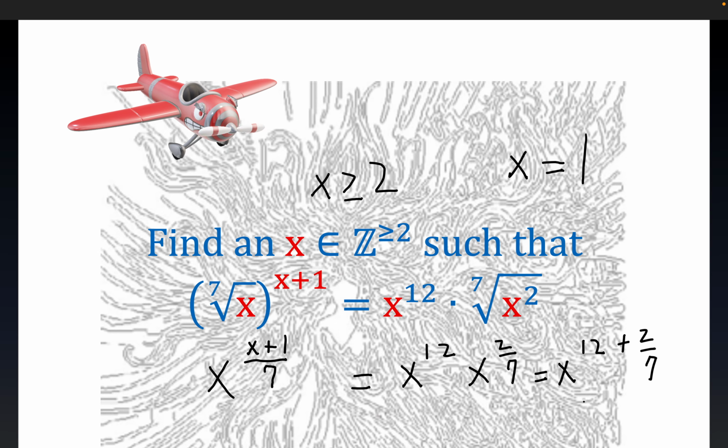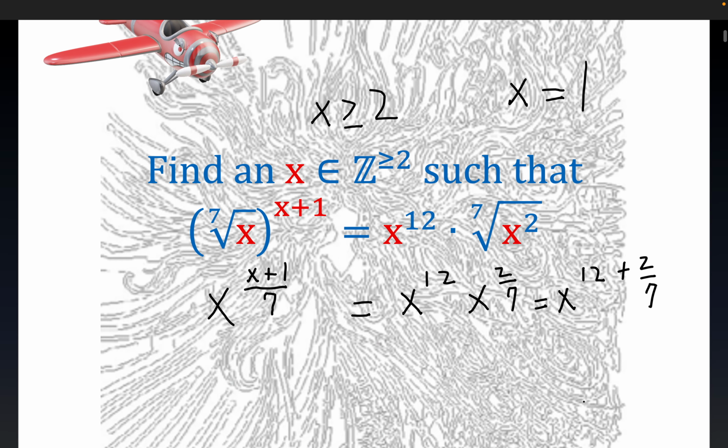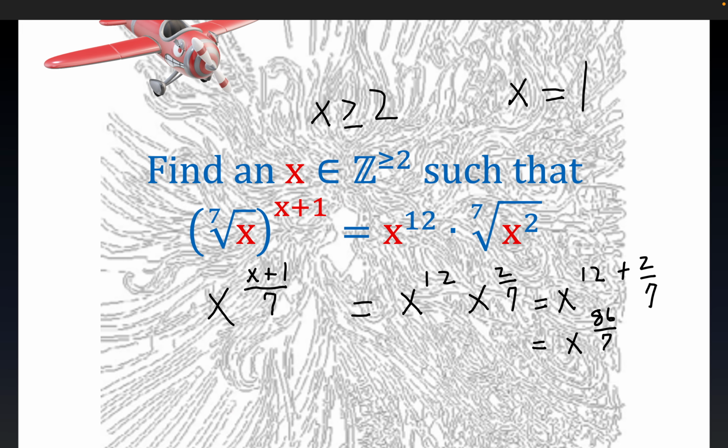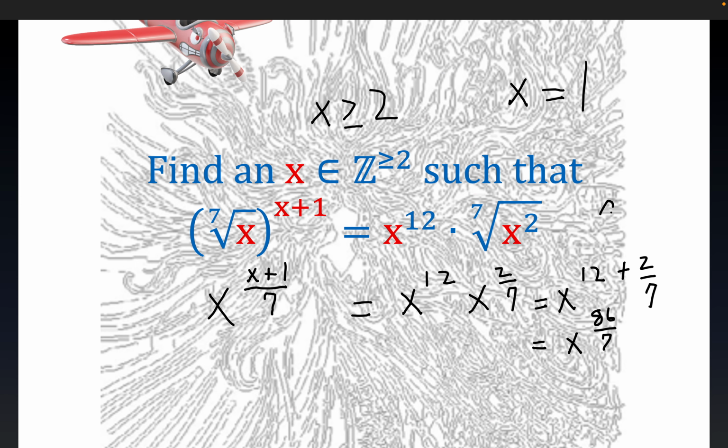Y'all, 7 times 12 is 84. 84 plus 2 is 86. And so right here we will get x to the 86 over 7. Again, a rational exponent here makes this a lot more manageable. That's why a lot of people prefer fractional exponents. Okay, and again, y'all note that 7 times 12 is 84, right?